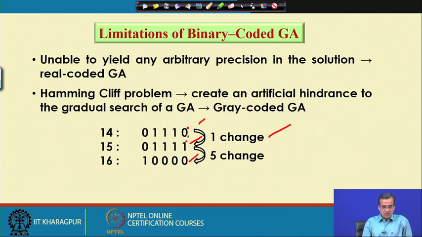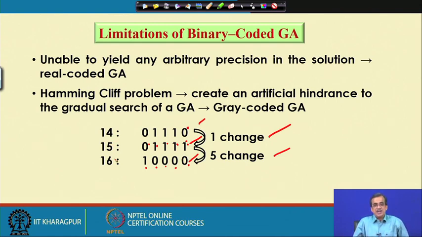Similarly, if I want to move from 15 to 16, I need 5 changes. For example, the 0 has to be converted to 1, and each of the four 1s should be changed to 0. So, there are 5 changes if I want to move from 15 to 16.